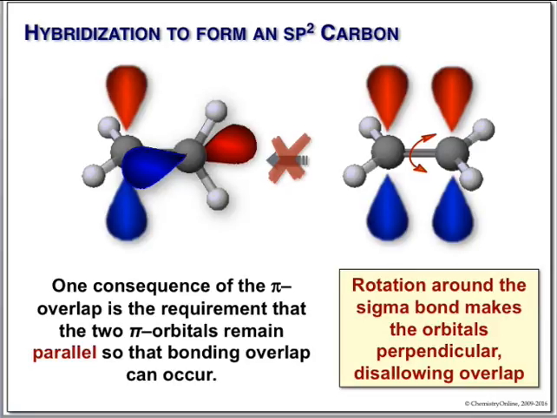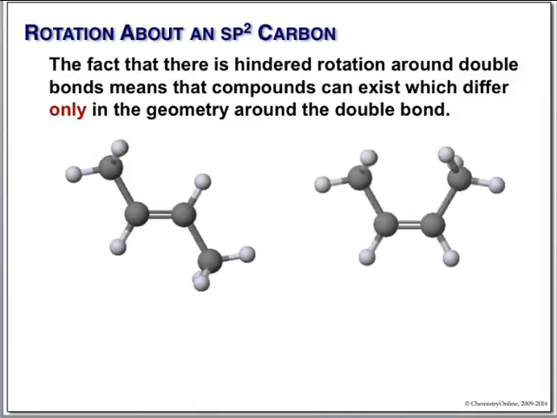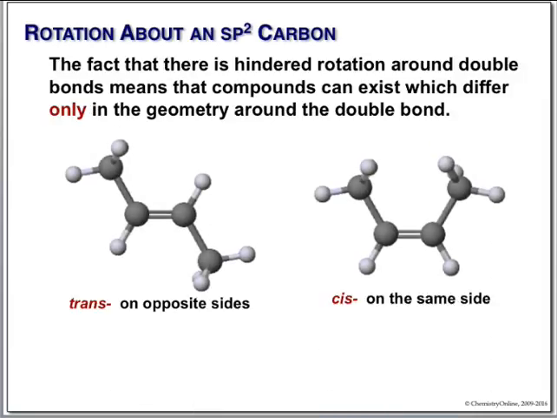That means when you have a double bond in a molecule, you can have 2 more isomers. There's our double bond. We could say that our methyl groups here and here are on opposite sides of our double bond, because remember this doesn't rotate, or they're on the same side, trans and cis.